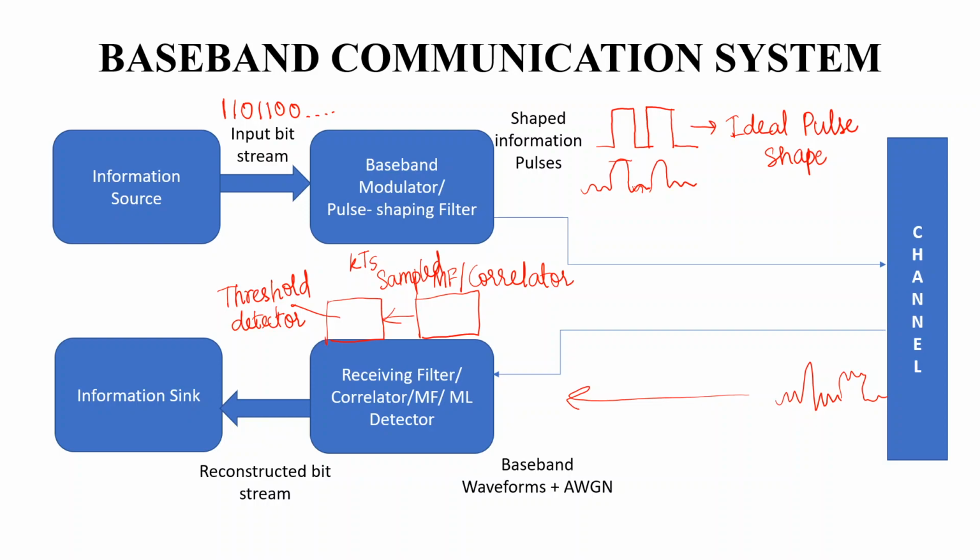Once it is detected by making use of hypothesis or threshold detection, it will be converted back to the random bit stream. This detected bit stream can now be provided to any information sink that the user has. So this is how a normal baseband communication system would work.